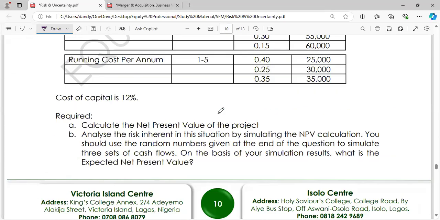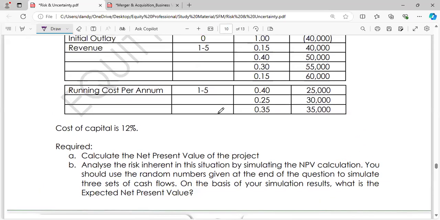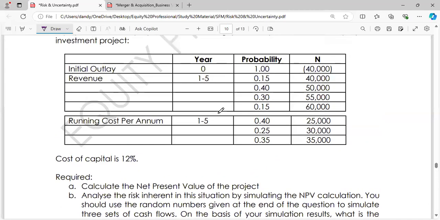That is the question. Okay, number A, you are expected to compute the NPV of the project. So you want to calculate expected NPV of the project. What are you supposed to do whenever you want to calculate expected NPV? First thing first, we calculate the expected value of receipt and payment.